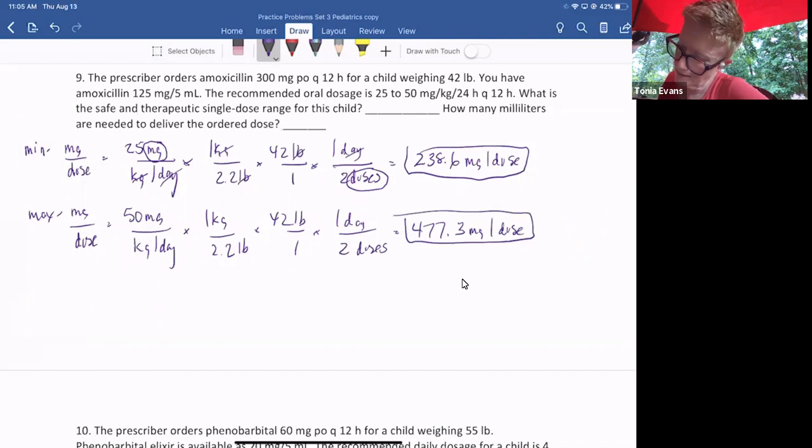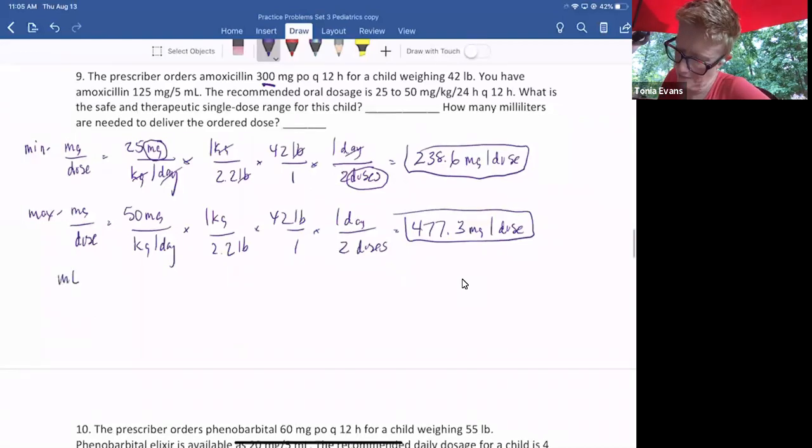Okay. Oh, I forgot to ask what if the dose was safe, but if we look at that, we've got 300 milligram doses, which is within our therapeutic range, so we're good there. How many mLs are needed to deliver the ordered dose? So how many milliliters per dose?